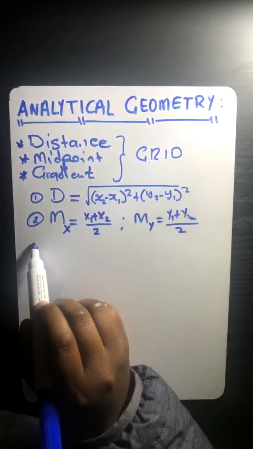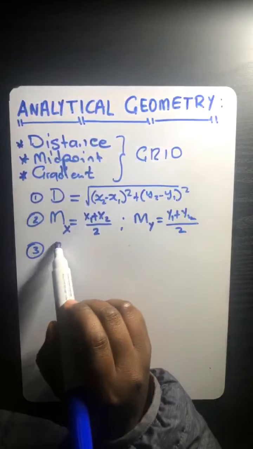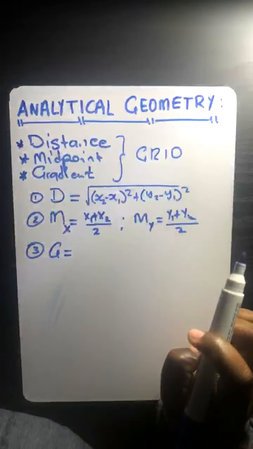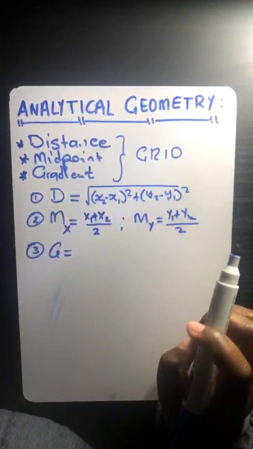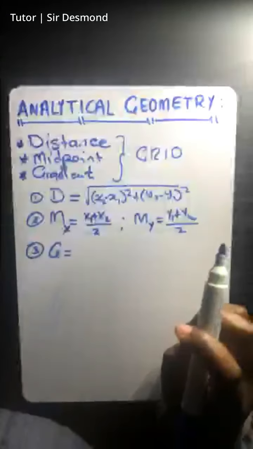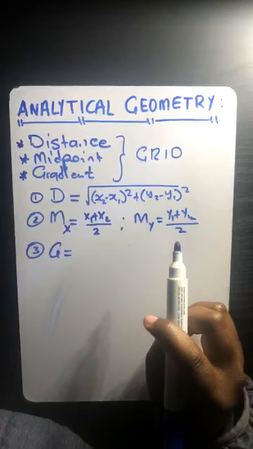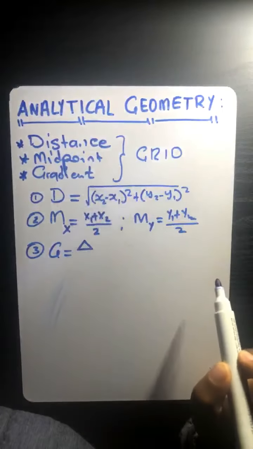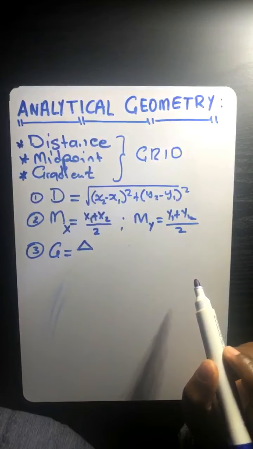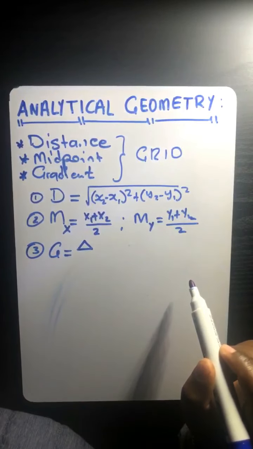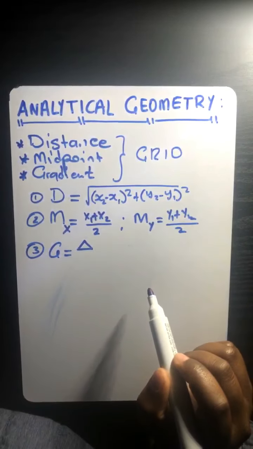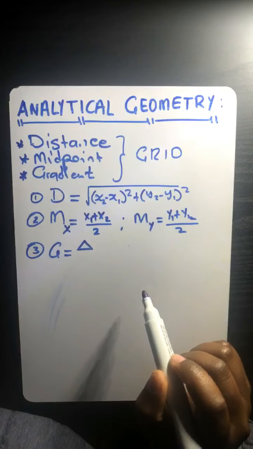The gradient formula, ladies and gentlemen, you can just say G representing the gradient. Gradient and slope are one and the same thing. The formula is change in y over change in x. Remember, this sign is a Greek sign called delta, which in English simply means change.